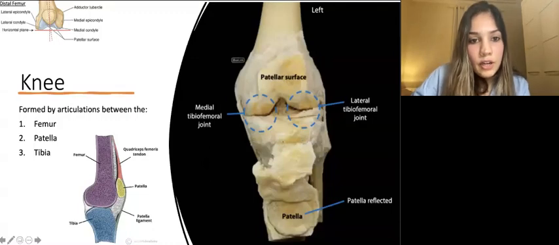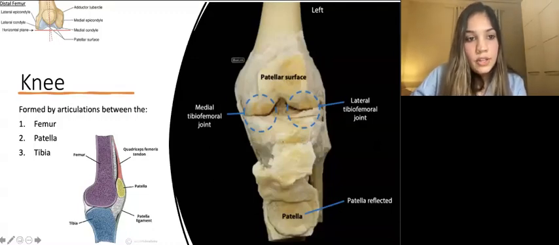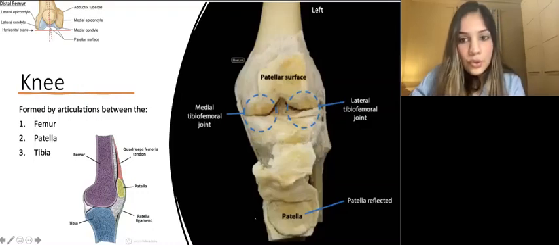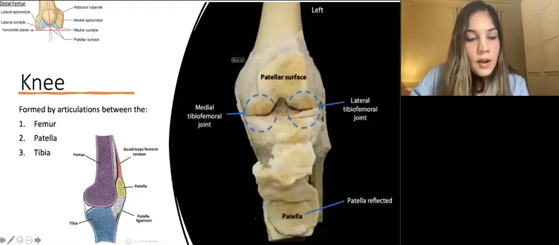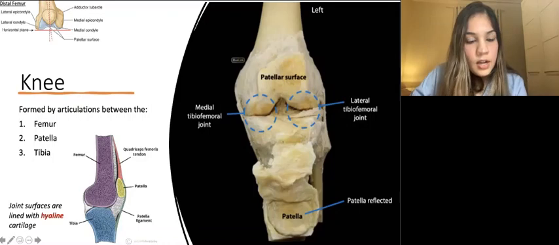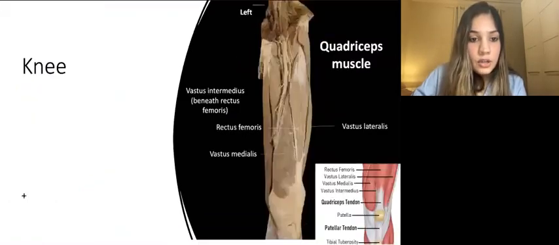Now, if we look at a cadaveric image to get a more realistic view, you've got the femur here, the tibia here, and the patella as well. So the knee forms articulations between these three bones, and the joint surfaces are lined with hyaline cartilage.